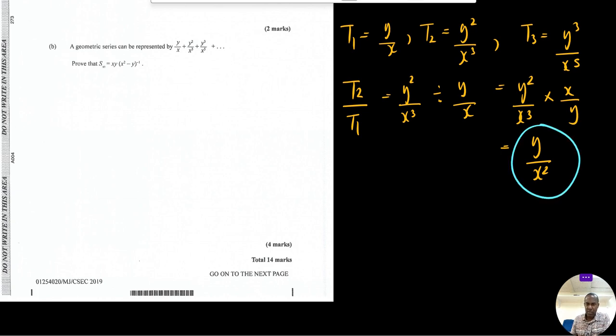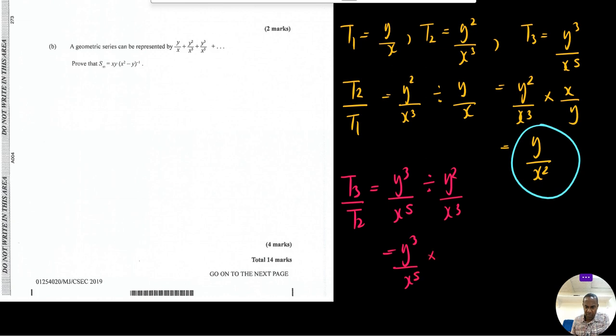Now let's also check t3 over t2. So t3 over t2 would be equal to y cubed over x to the 5 divided by y squared over x cubed. And so this gives us y cubed over x to the 5 times x cubed over y squared.